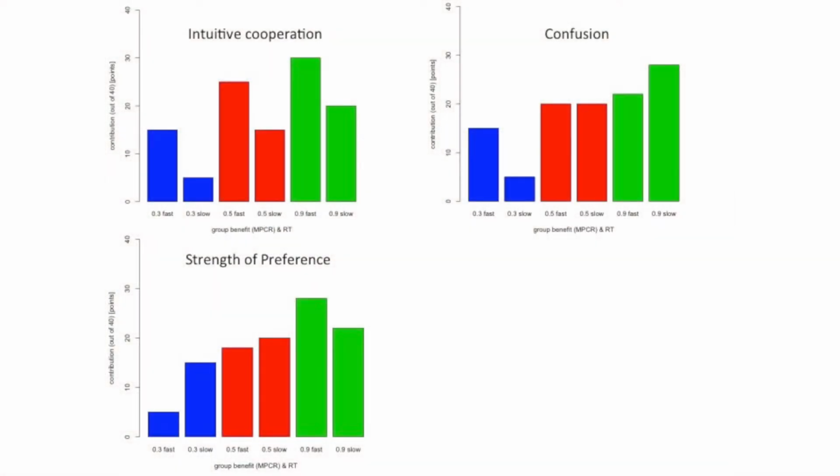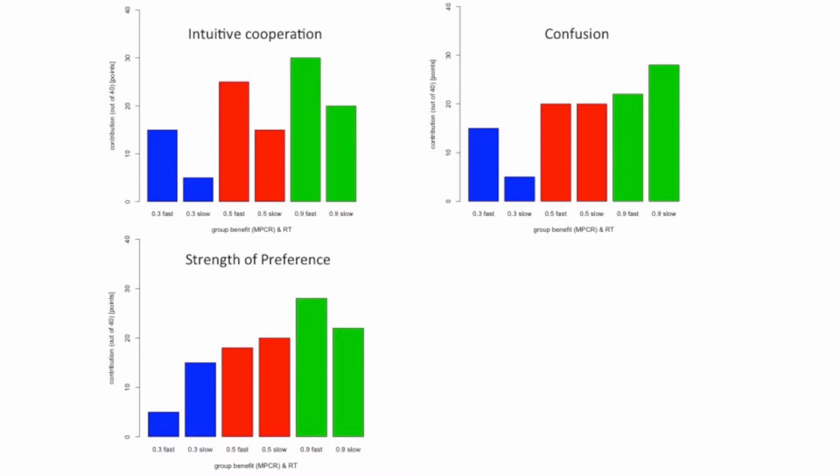Okay. But now let's think about what the predictions would be for reaction times and contribution rates in these different versions of the experiment. So here are 3 different predictions. What I'm plotting here, it's hard to read, on the y-axis is the contribution out of 40 points, so 0 to 40.